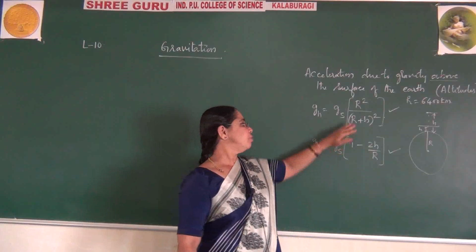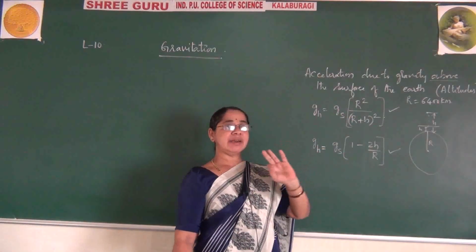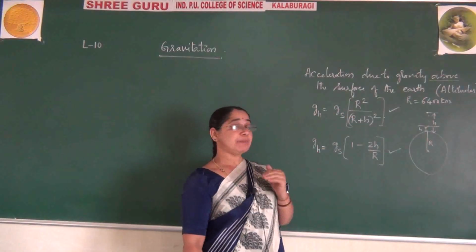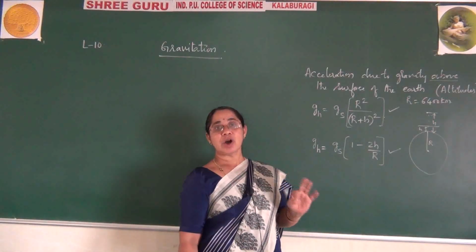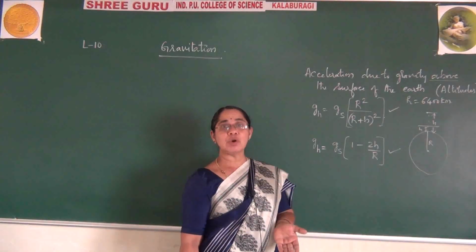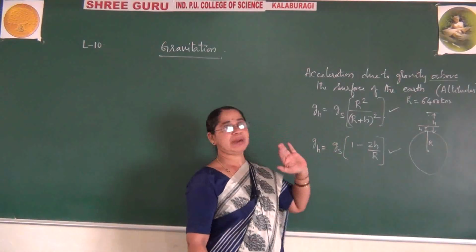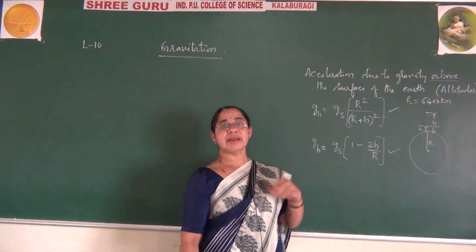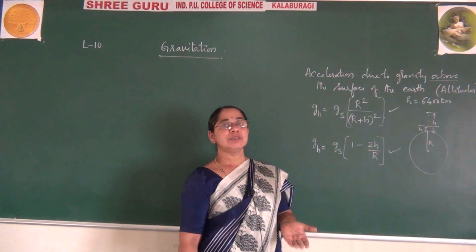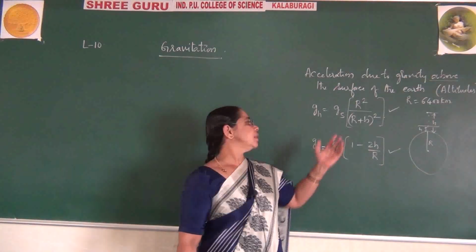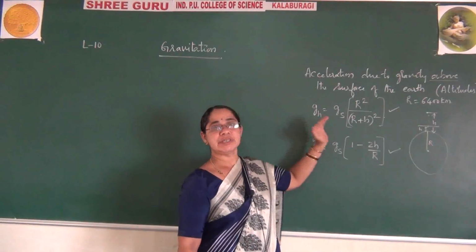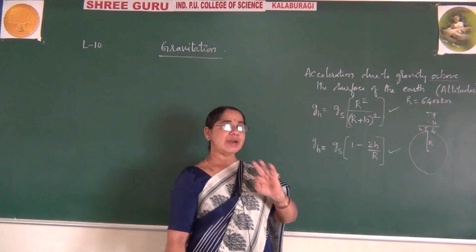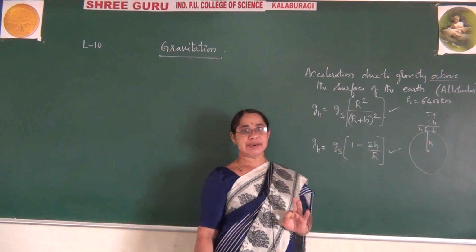I will just give one problem and help you see how the question will be. If the question is different and your formula is different, then your answer will totally go wrong. So I will tell you when to use these conditions. I will just solve one problem, then you will understand much better.